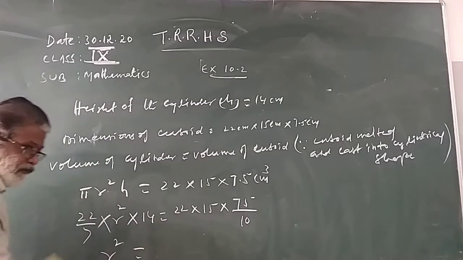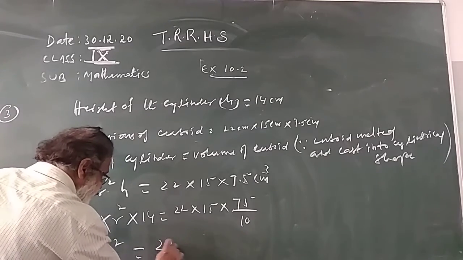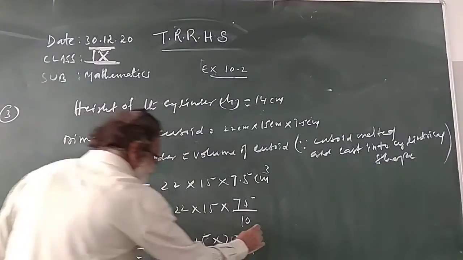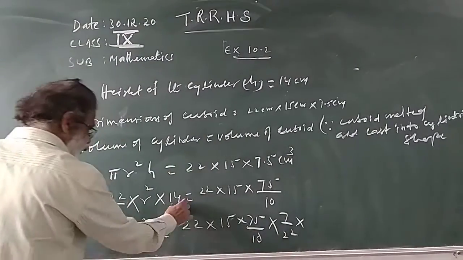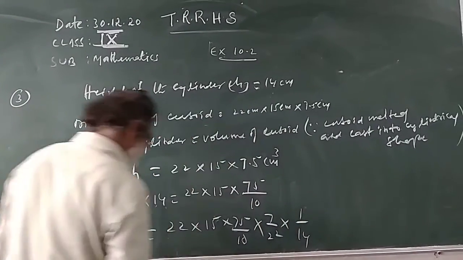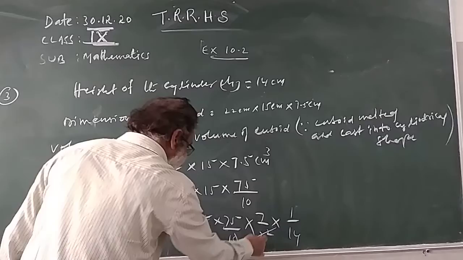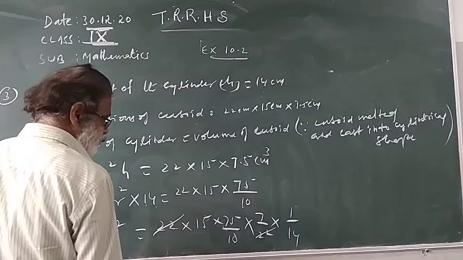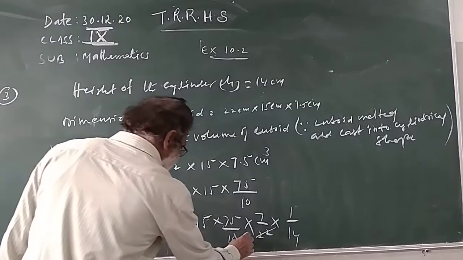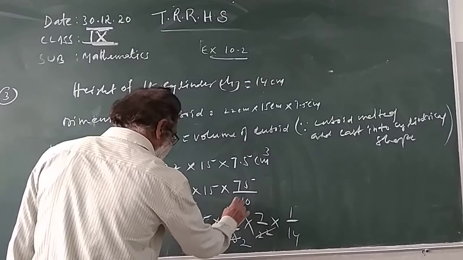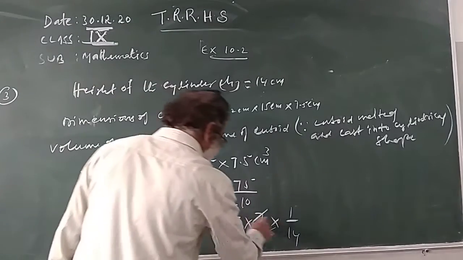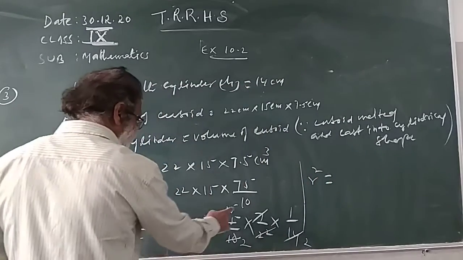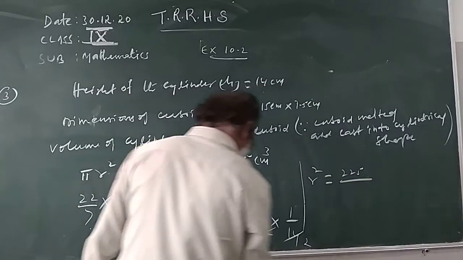Send all the fractions to the right side, they become reverses: 22 by 7 becomes 7 by 22, 14 by 1 becomes 1 by 14. 22 by 22 cancels. 5 twos are 10, 5 sevens are 35... so r square is equal to 15 into 15, 225 by 4.